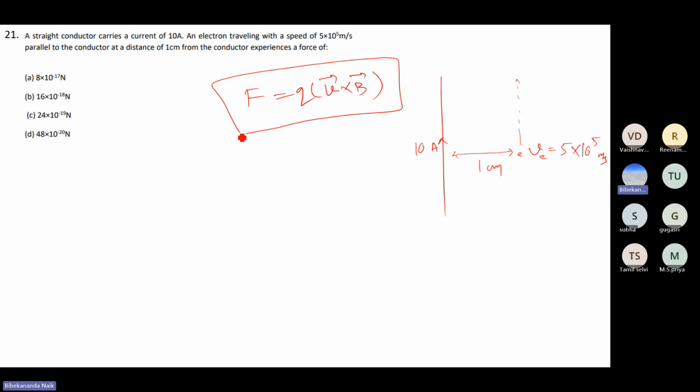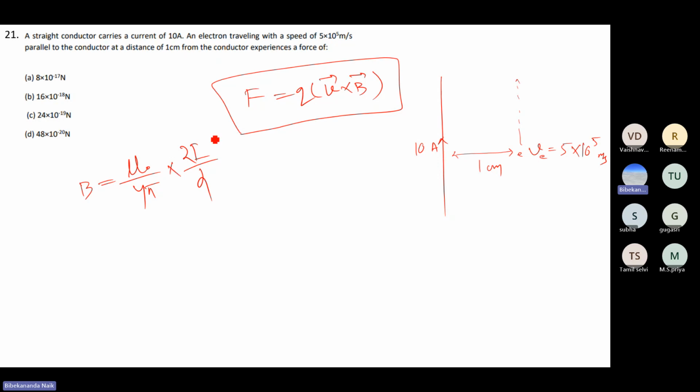Now we know again, when there is a straight conductor, it has a magnetic field, and the magnetic field at a distance d due to a straight conductor is given by B is equal to mu 0 by 4 pi into 2I by d, or mu 0 I by 2 pi d.